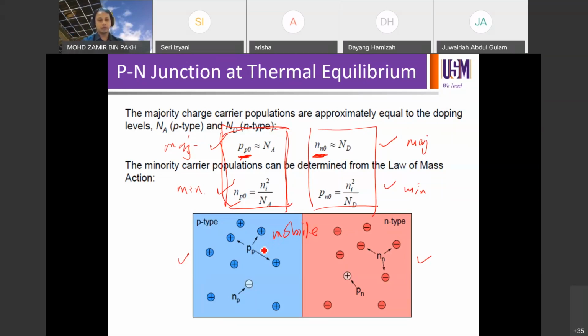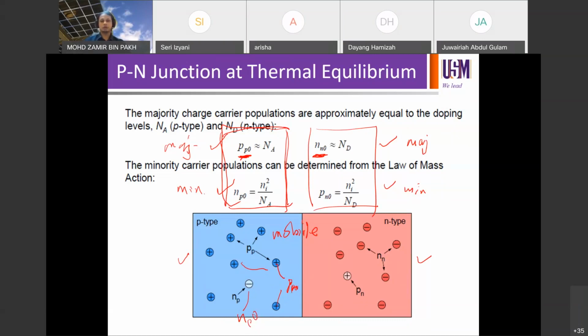So this is the majority, and you can also get your minority here. So if you look at these positive charges, so they will make the pp naught value. And at the same time, you're going to have your minority, which will make your np naught at thermal equilibrium condition, right?